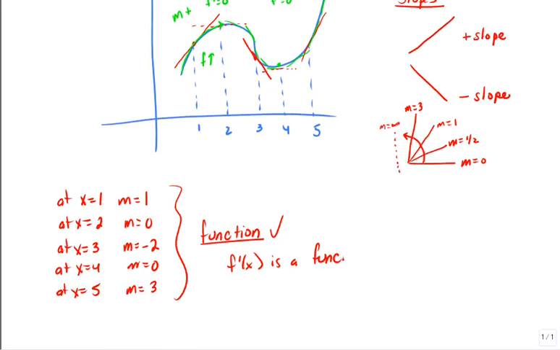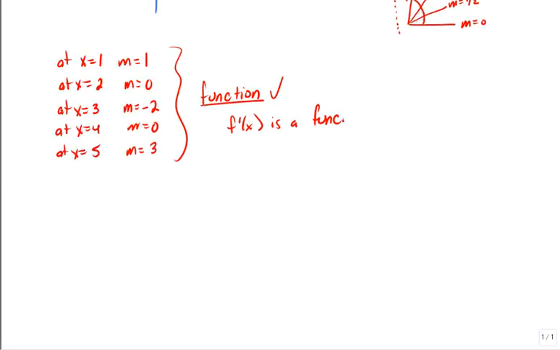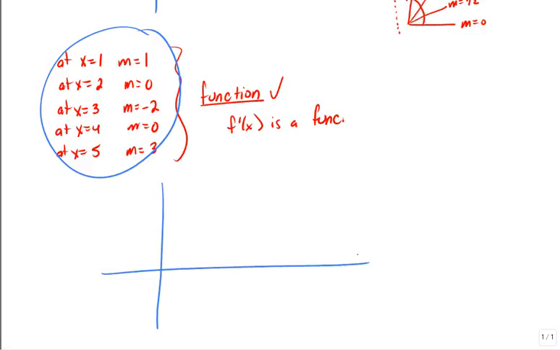So from this right here, we can graph that: (1, 1), (2, 0), (3, -2), (4, 0), and (5, 3). And surprisingly, or maybe not surprisingly, it's a parabola.